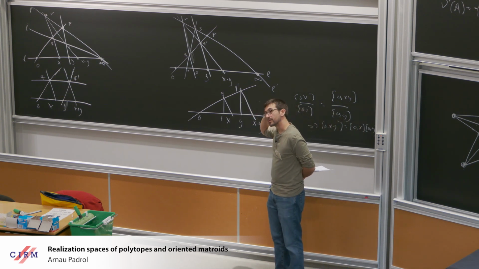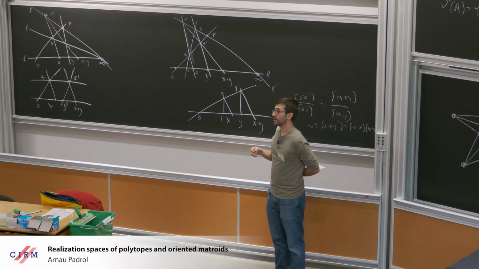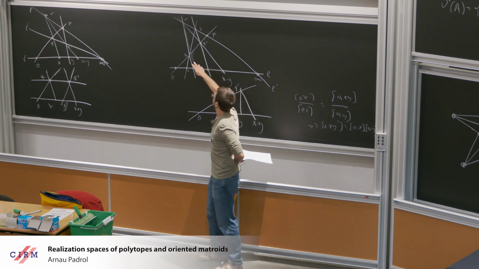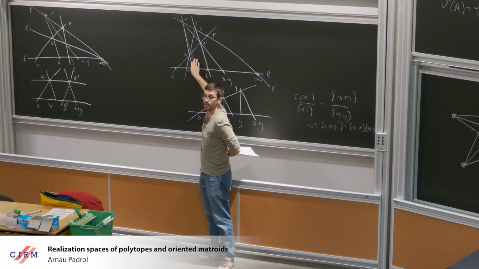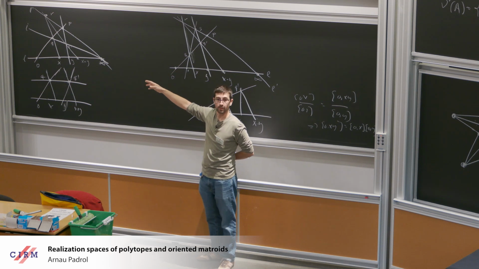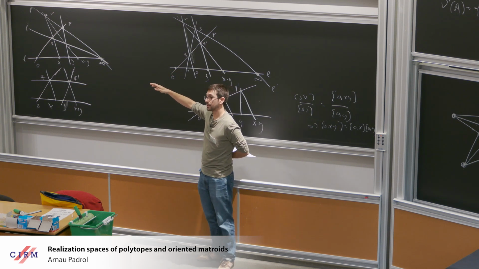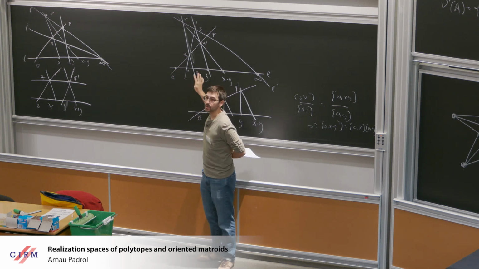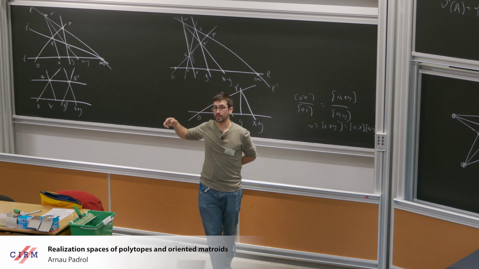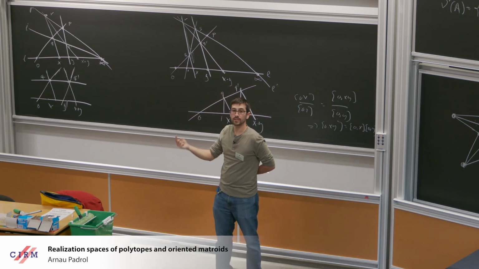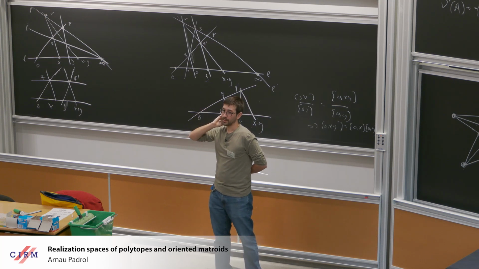And here you also see why Mnëv doesn't have a fixed dimension for his polytopes, because the number of points in my point configuration depends on the complexity of my semi-algebraic set. If I do it planar, I'm only increasing the number of points, but not the dimension. But if I do the Lawrence extension, every time I do it I gain a dimension, so I cannot bound the dimension. Okay?